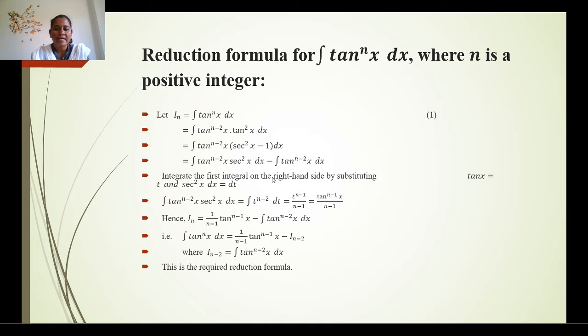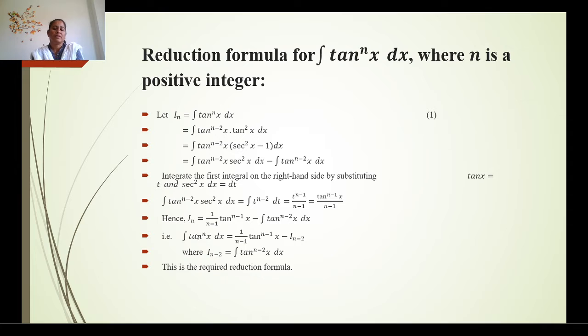Hence the above integral equation becomes In is equal to 1 by n minus 1 tan to the power of n minus 1 x minus integral of tan to the power of n minus 2 x dx.